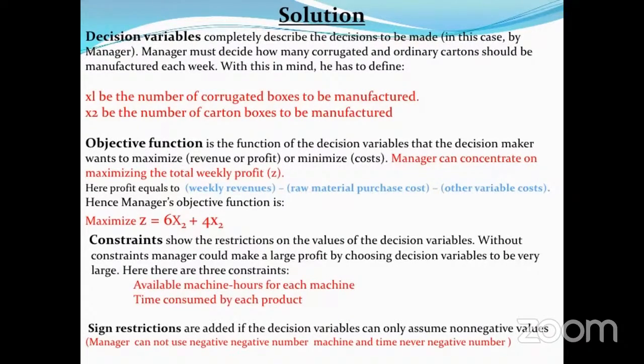But there are three constraints, including non-negativity: available machine hours for each machine, time consumed by each product, then the sign restriction. Sign restrictions are added if the decision variables can only assume non-negative values. The manager cannot use a negative number of machines, and time is never negative, so the non-negativity restriction is also necessary.